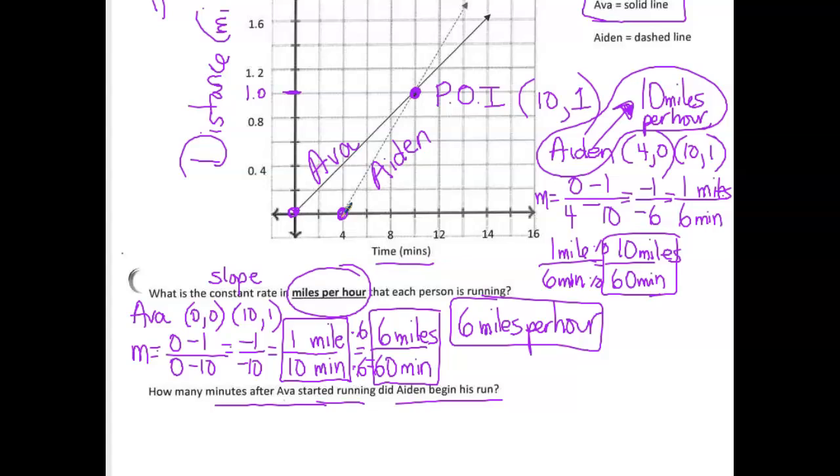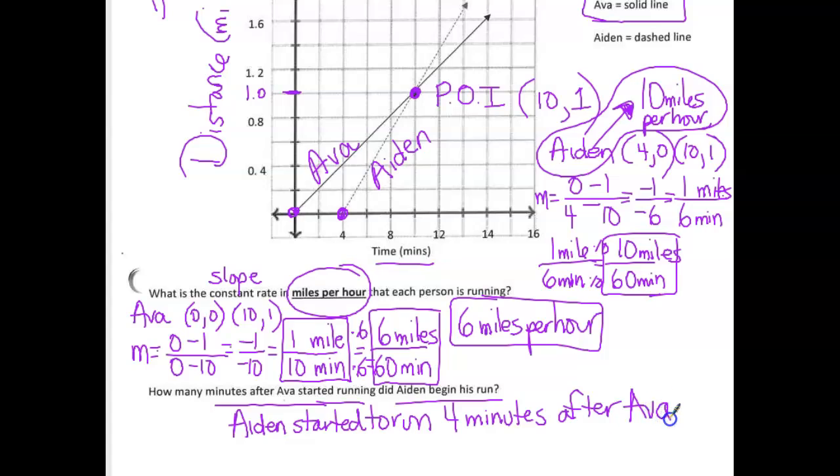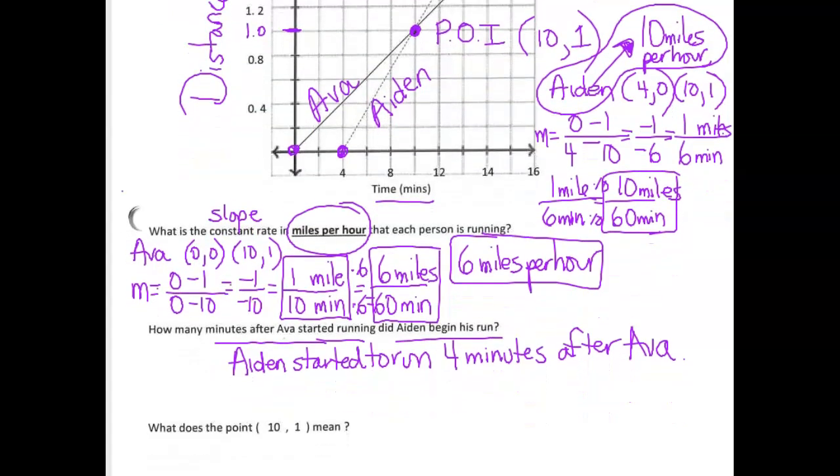So I'm going to say here, Aiden started to run 4 minutes after Ava. So make sure you can look at your graph and interpret what it means if they ask you questions.